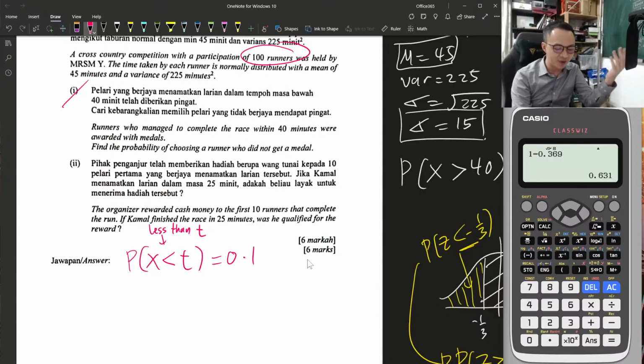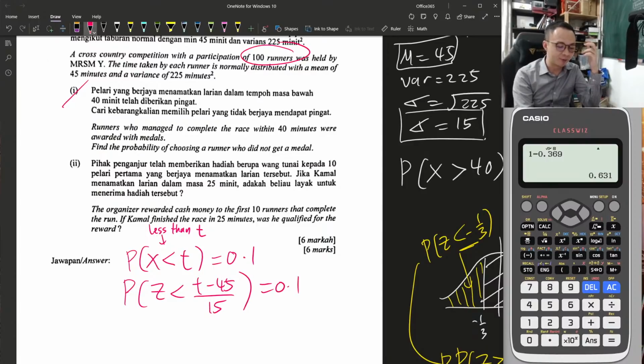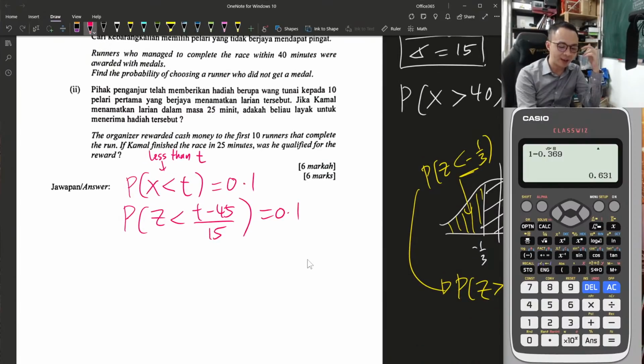Then I will solve this one. This is z equals t minus mean, mean is 45 minutes, over standard deviation 15 minutes, equals 0.1. The bell-shaped diagram tells me less than 0.1 is here, but this is a negative value.